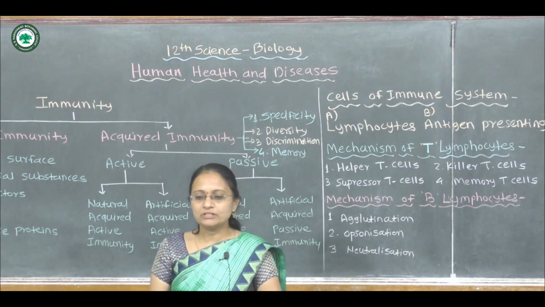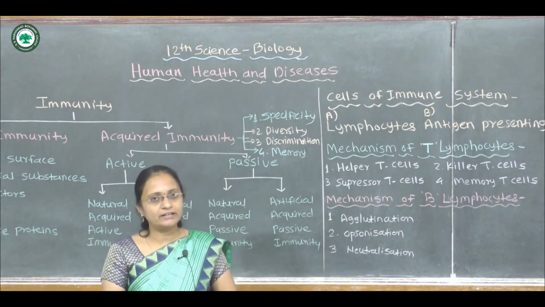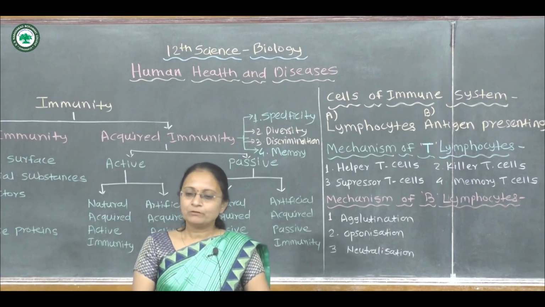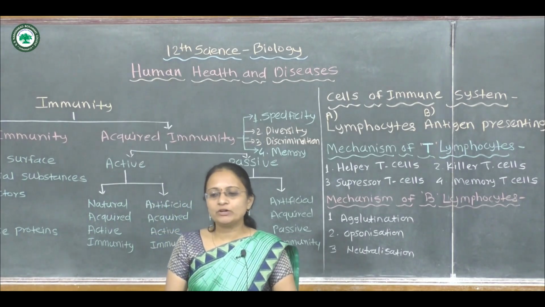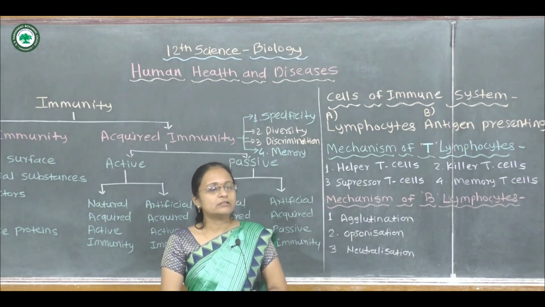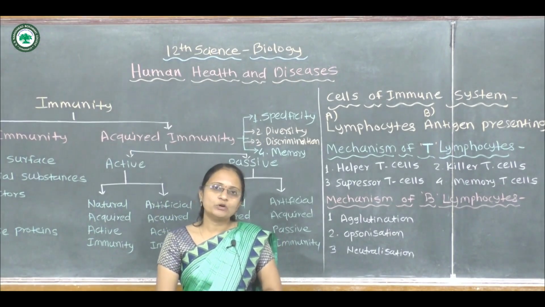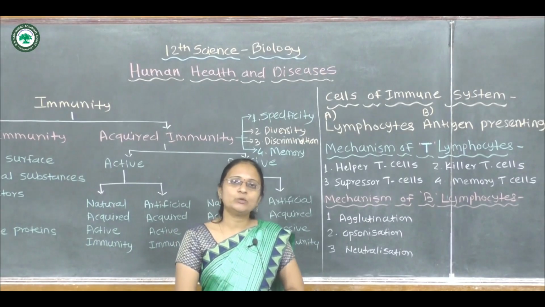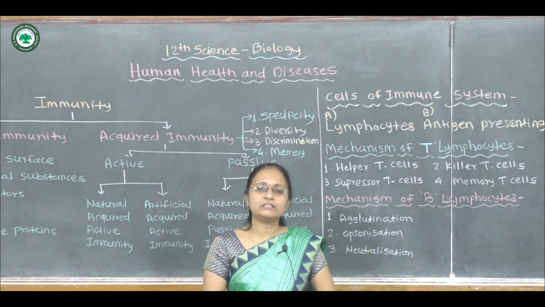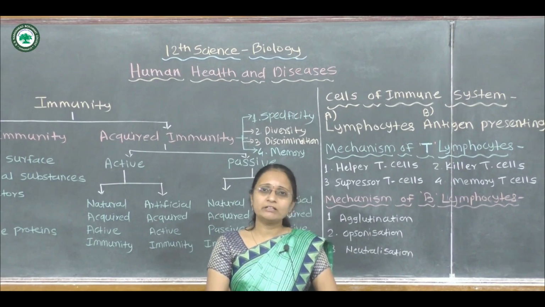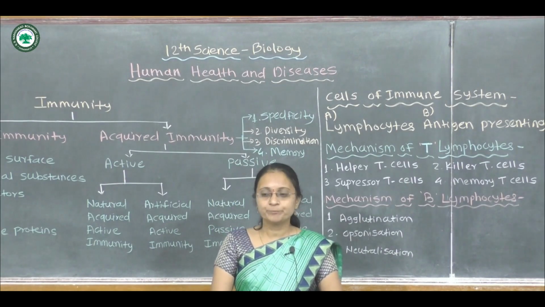In neutralization, the toxins released by the bacteria, for example the tetanus toxin, are neutralized. Each antibody, as we know, is produced in response to an antigen, and it fits in a lock and key manner, having a specific antigen binding site.